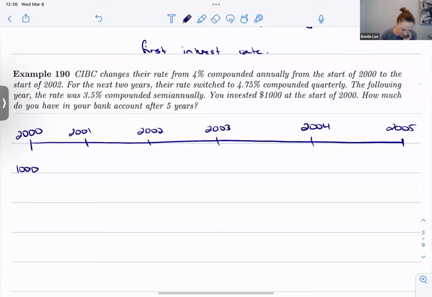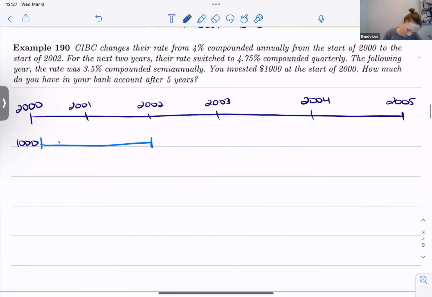You invested $1,000, and for the first amount of time, for 2 years, I think, right? Yeah, to the start of 2002. So between here and here, R1 was 0.04.